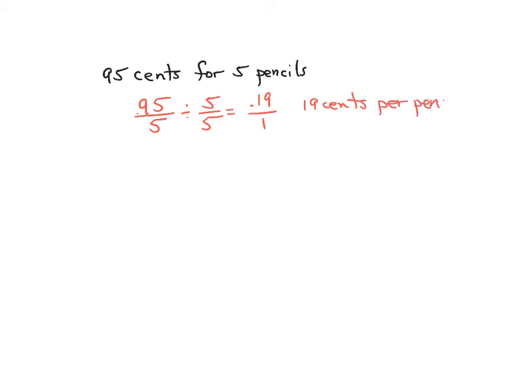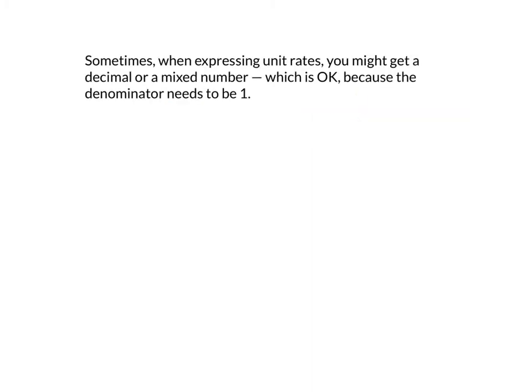And once again, it can be written the way I've just written it, or you could write 19 cents per pencil. And once again, you will see it written both ways in the book. Sometimes, when expressing unit rates, you might get a decimal or a mixed number, which is okay, because the denominator needs to be 1.